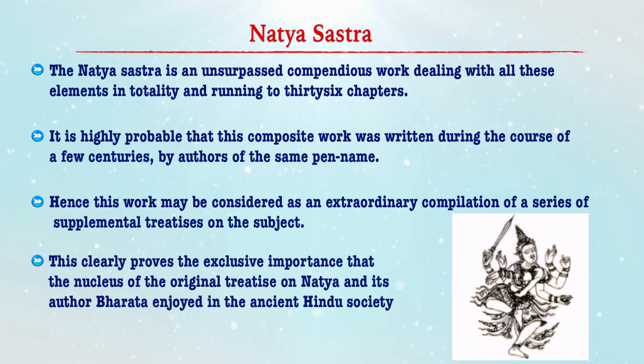This clearly proves the exclusive importance of the dance styles and the prestige the original author Bharata enjoyed in ancient Indian society. Now, let me take you to the theory part of the Indian classical dance.